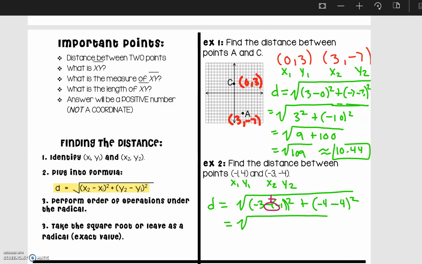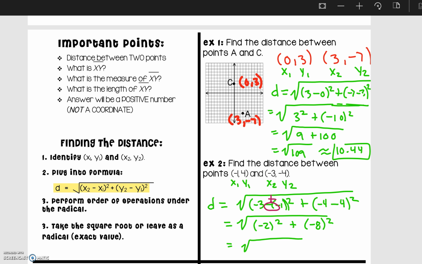So we have -3 plus 1, which is 4 squared. No, just kidding. -3 plus 1 is -2 squared. Plus -4 minus 4 is -8 squared.